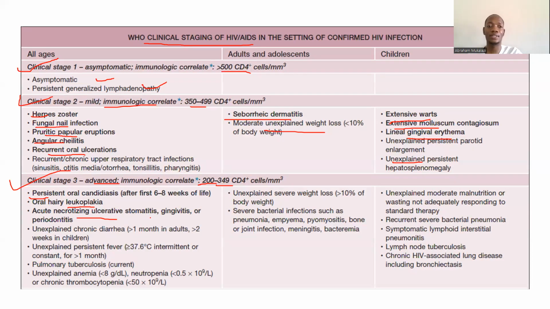Then you can get acute necrotizing ulcerative stomatitis, gingivitis or periodontitis, and unexplained chronic diarrhea. Now, in this case, you start to get diarrhea, and weight loss increases to a little bit more than 10% of your body weight. And then sometimes you have mild to moderate malnutrition. So when you see such a presentation in a patient, then the clinical stage will change.